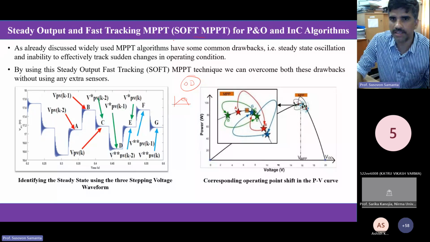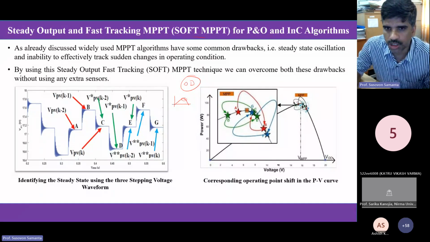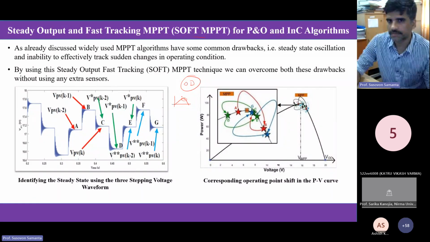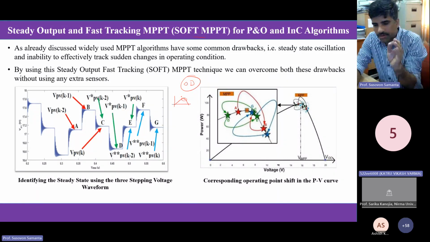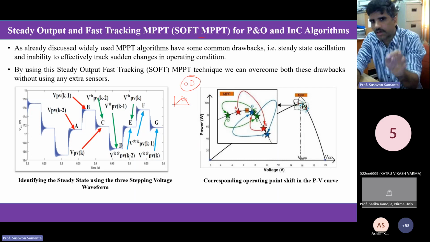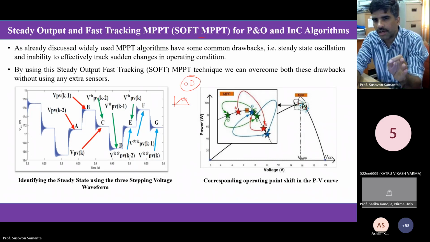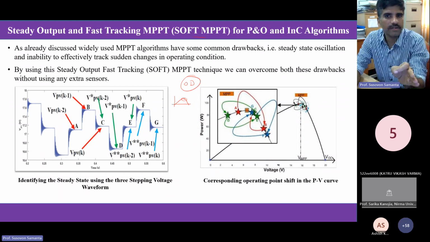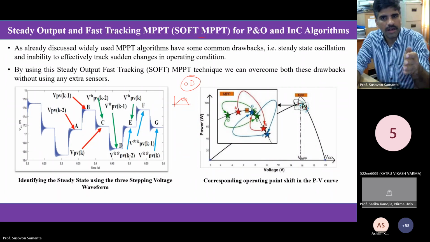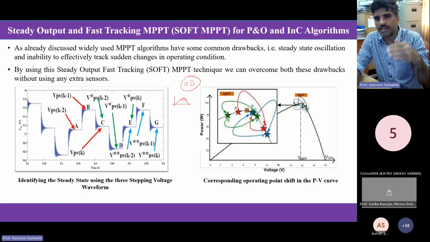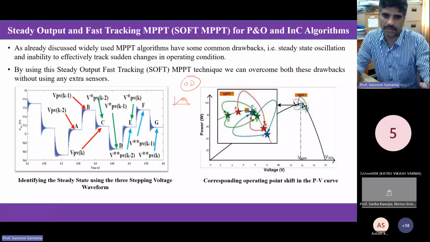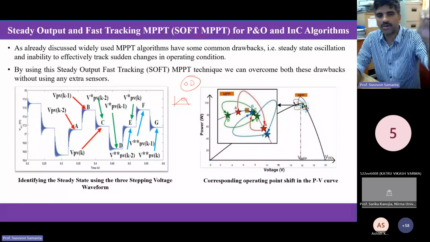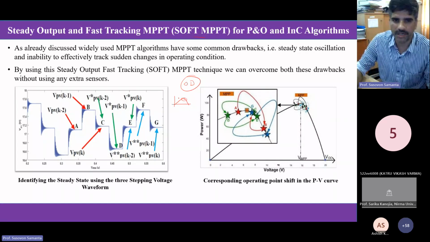We check the steady state oscillation, and we lock the duty ratio at the nearest point of the MPP. Then we check whether there is any change in irradiation. Whenever there is any change in irradiation, the duty ratio will be unlocked again, and this idea we are implementing in this MPPT algorithm.